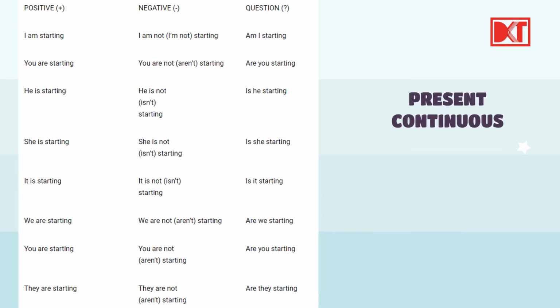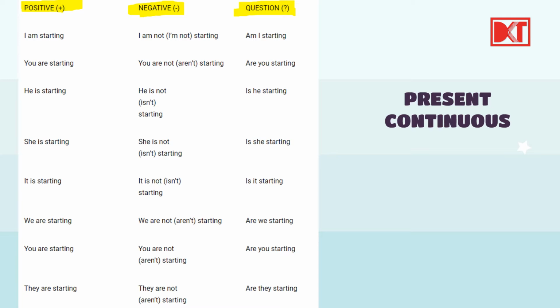So now we have present continuous. Let's see how we are going to do present continuous now. Here, positive sentences, negative sentences and questions. Alright.